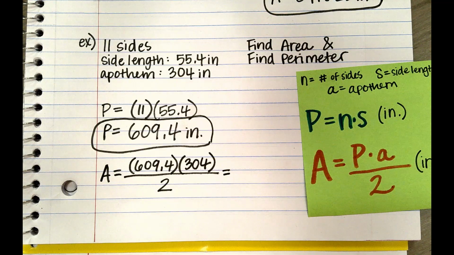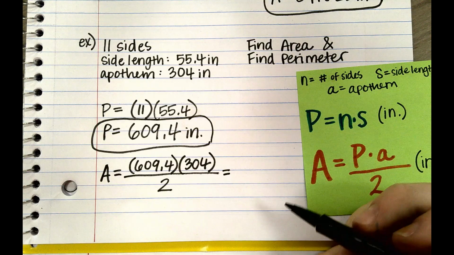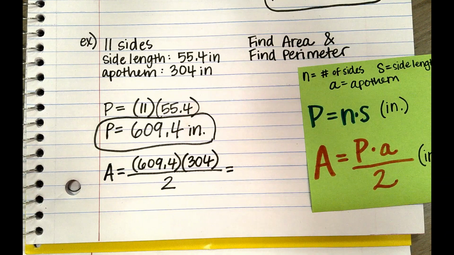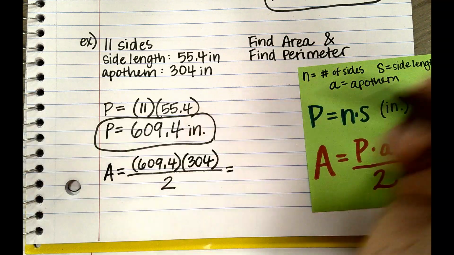Okay, and what do we get for 609.4 times 304? 185,257.6. Very, very big number.